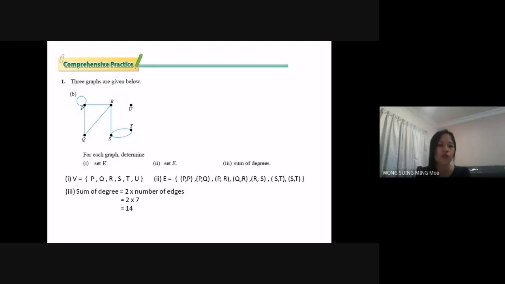So the formula for sum of degree is 2 times the number of edges, so 2 times 7 equals 14. Understand now? Yes, a bit. Okay, very good. So you must remember the sum of degree is 2 times the number of edges. Of course, you can count 1 by 1, but for today, because we already completed the whole chapter, we just use the formula.